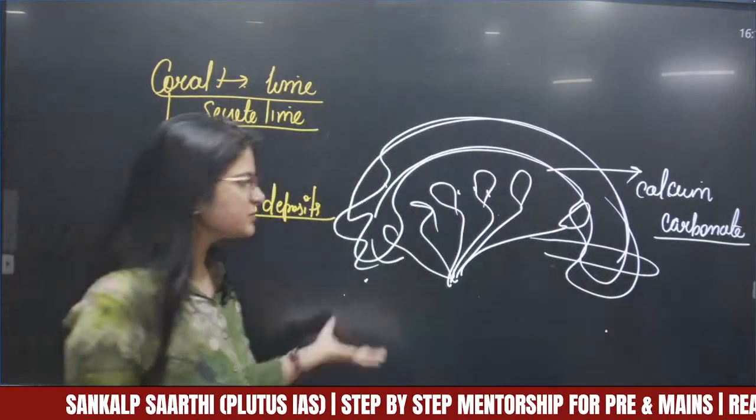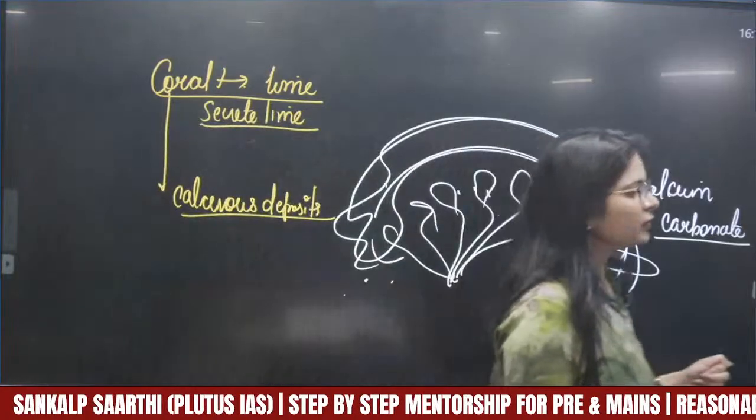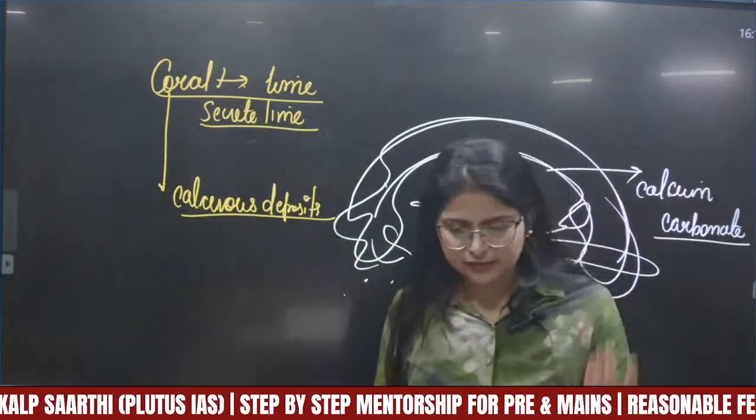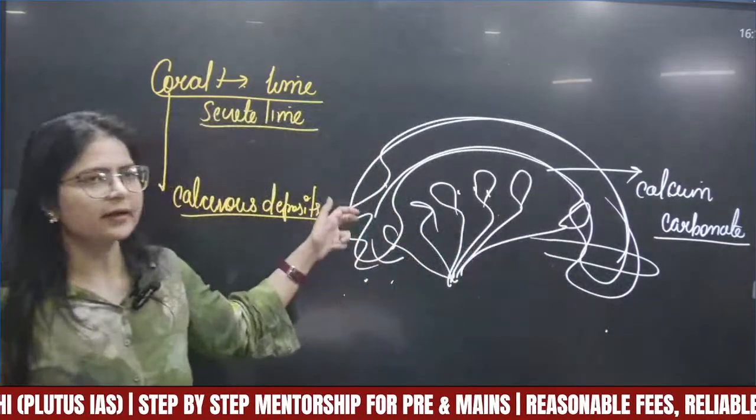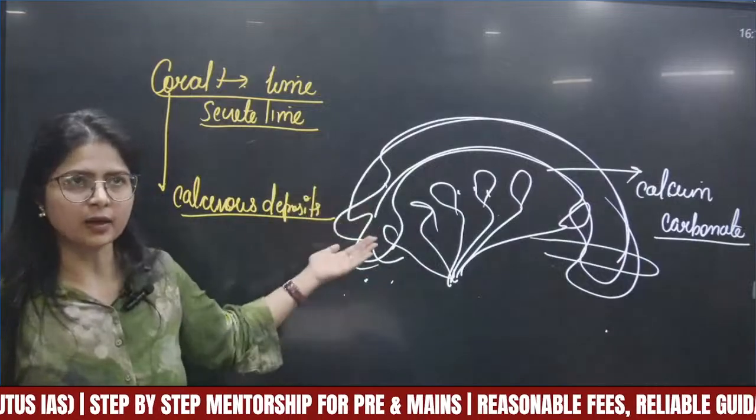Now you will ask, ma'am, how are they formed? जब आपको कैल्शियम कार्बोनेट रिलीज करना ही है, जब आपका स्केलेटन स्ट्रक्चर, ये जो आपका कैल्केरियस डिपॉजिट्स अगर आना ही है, तो किस वजह से, how have they come over here?